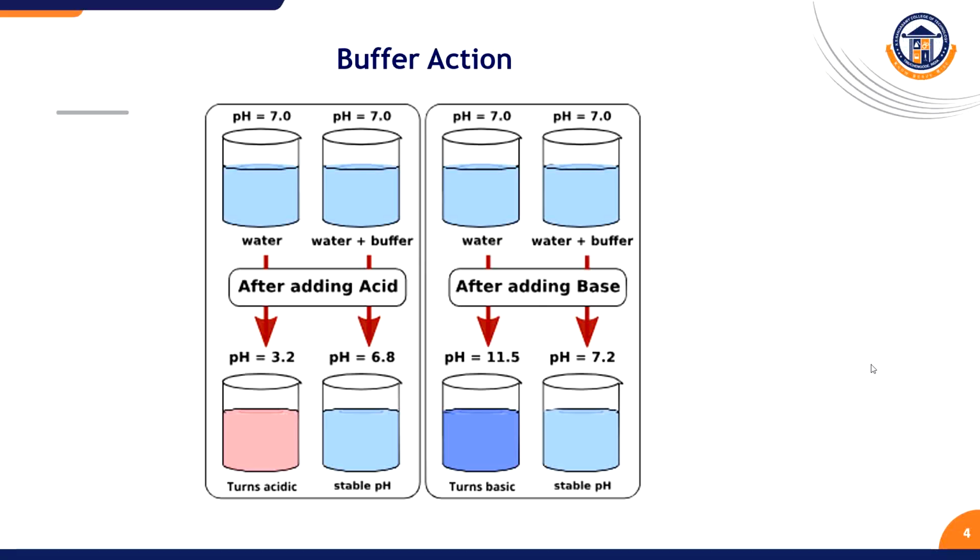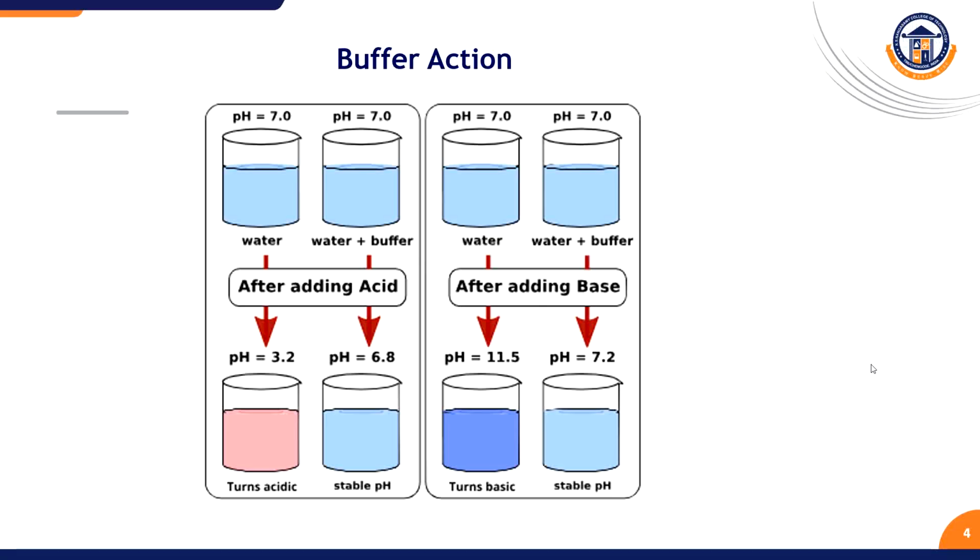You see that pure water has a pH equal to 7. In another beaker, we are adding water plus a buffer. Now, we are adding acid. In the water to which we add the acid, the pH turns to 3.2, and in the beaker with water plus buffer, the pH is about 6.8.